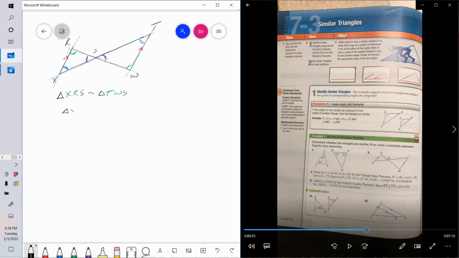So triangle XRS is similar to triangle TWS. The order in which I write those letters is important. So Caitlin, you want to make sure that you get those in the right order, because you're saying, again, that angle X is congruent to angle T, angle R is congruent to angle W, and angle S is congruent to angle S.